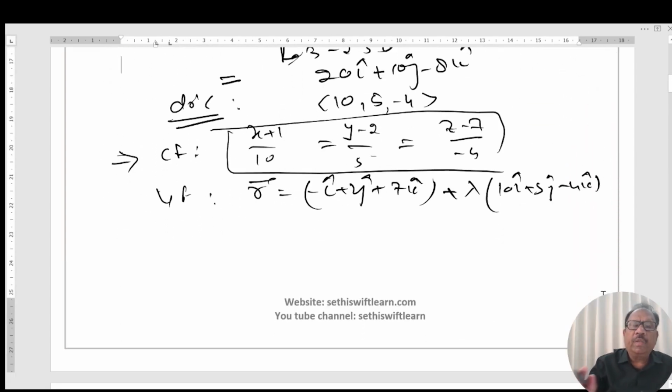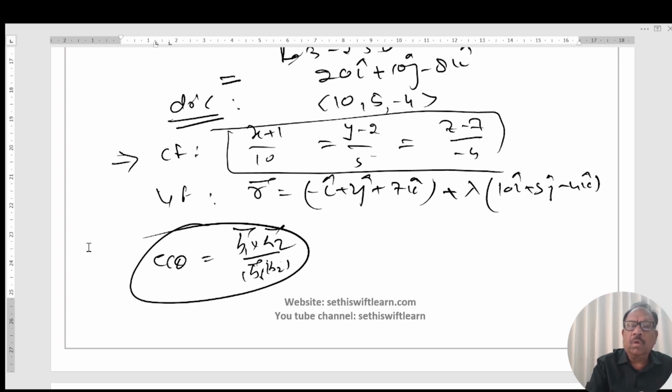Now, in case we have to find the angle between two lines, cos theta will be equal to b1 dot b2 upon b1 magnitude times b2 magnitude. This is the angle between the lines. In this case, I will find the equation of the line passing through a point and parallel to a line.